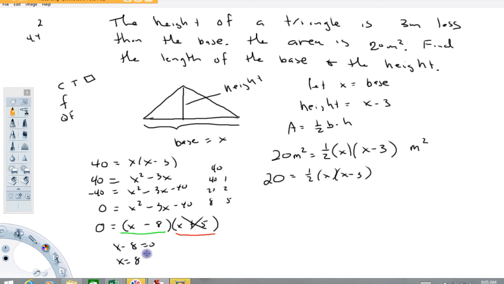So there's our solution: x is equal to 8. x was the base, so the base length is 8 meters. And our height is x minus 3, so our height is 5 meters. And that's how you solve one of these geometry problems.